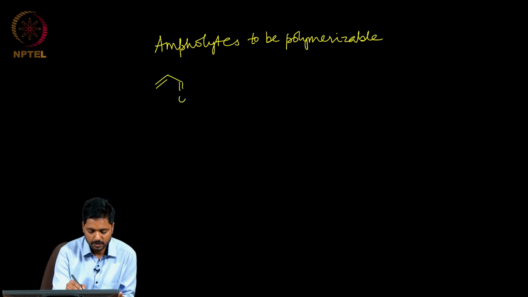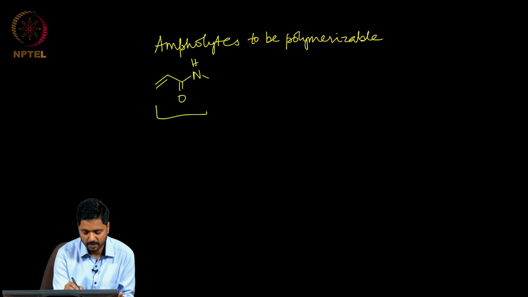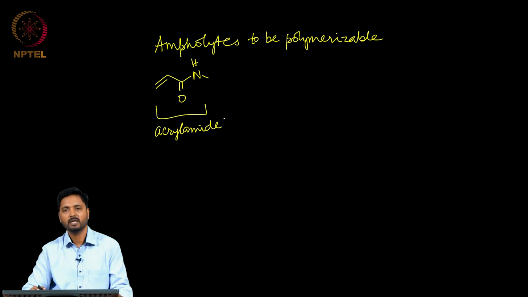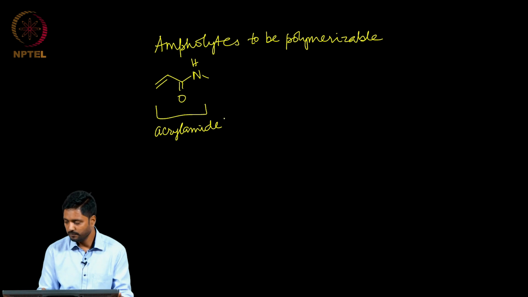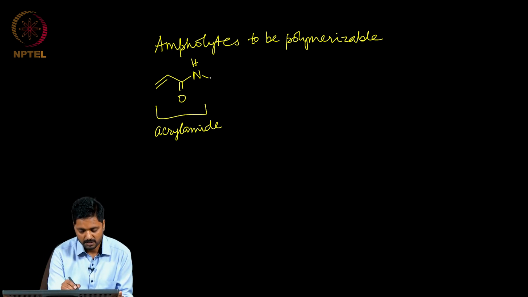So, we usually have acrylamides, and this part is what is known as the acrylamide part, but we can create molecules which will have a charge along with the presence of the polymerizable residue.